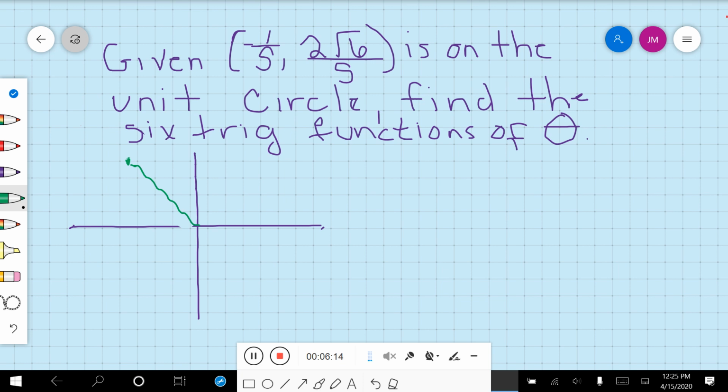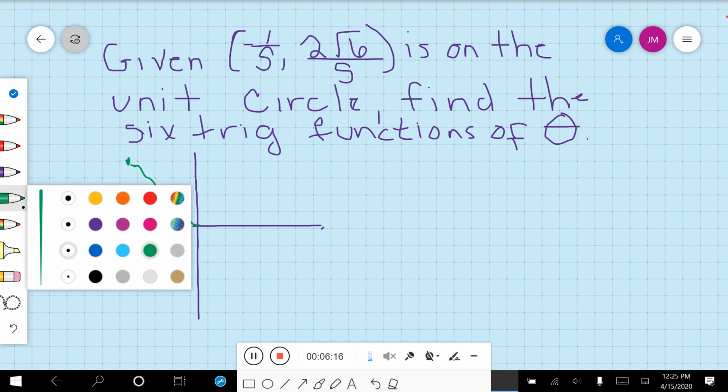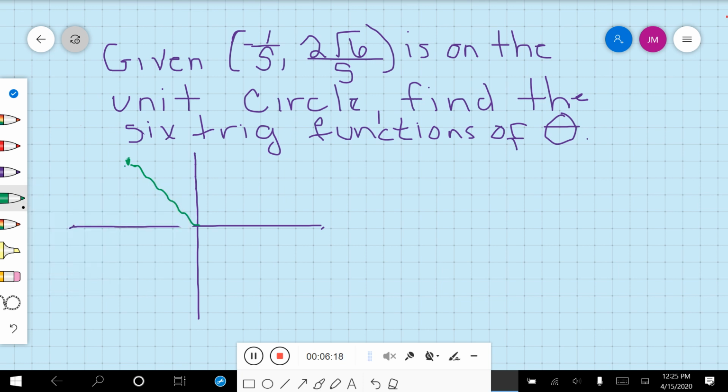So I connected the point to the origin. Now I'm going to drop a perpendicular to the x-axis. And what I've done is I've created a right triangle of sorts. Theta is always the angle at the origin.